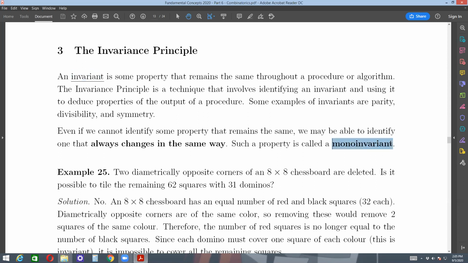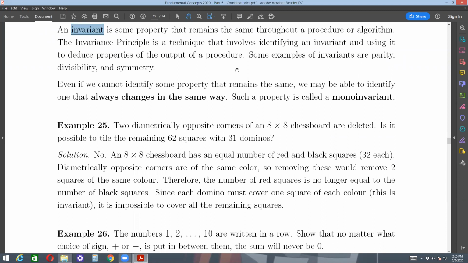Throughout the procedure, you might see that the sum of the numbers keeps decreasing or something like that. Mono-invariant means it only changes in one specific way. In that case, it would be decreasing, meaning it only goes down. It doesn't alternate or go up. So you should also look out for things like invariance or mono-invariance, because those can help you restrict the possibilities of what can happen.